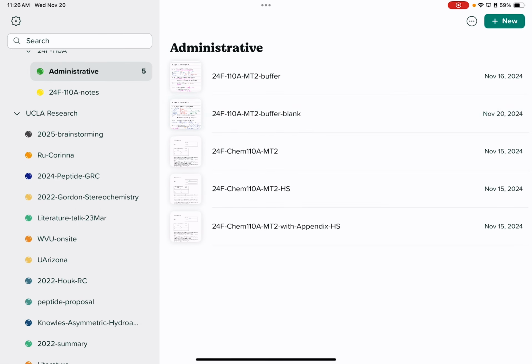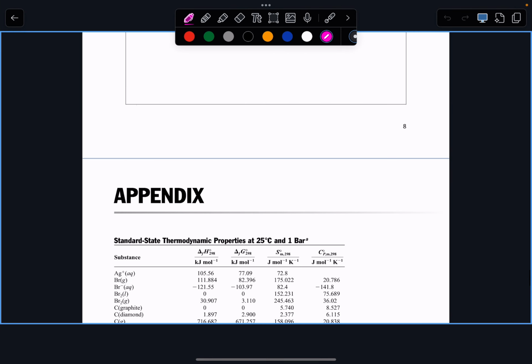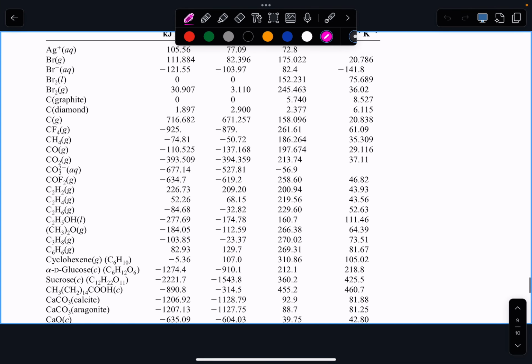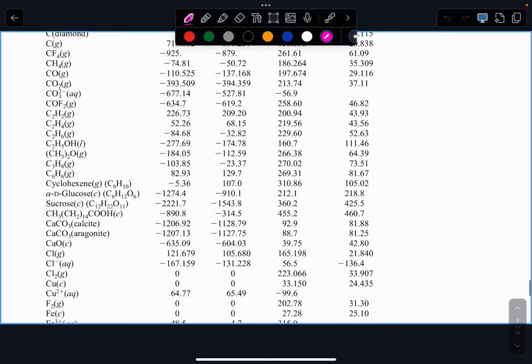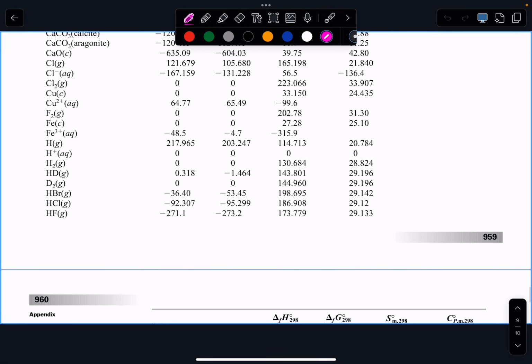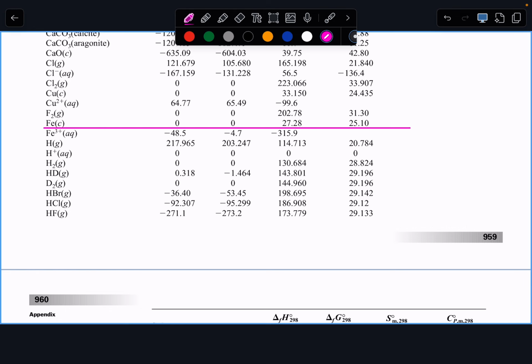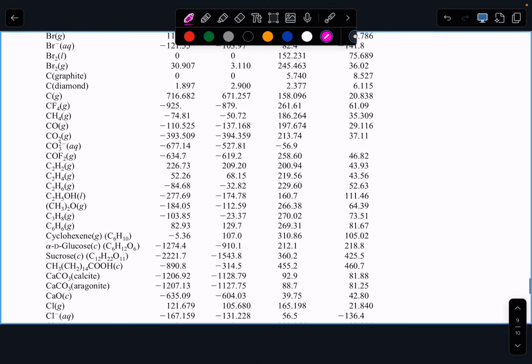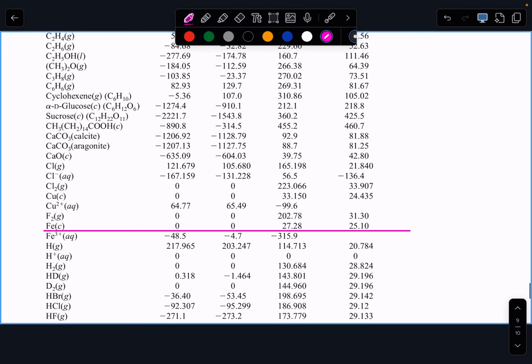Let's see. Yeah, that's our appendix table. So let's say in here, what is your reference form for iron? Well, we first find iron as my element, and we look at here. We see, okay, so that's 0 and 0 for my delta H naught of formation.